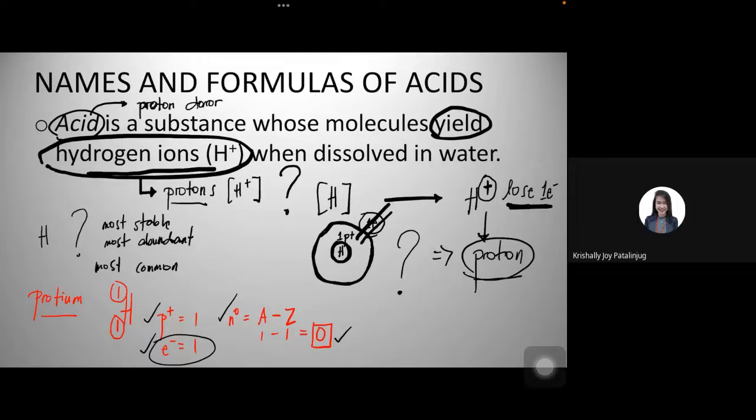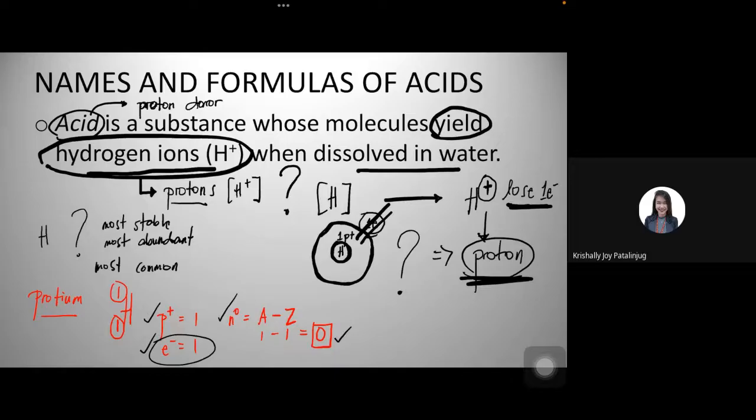Any acid contains protons and is able to donate or release protons when dissolved in water or during a chemical reaction. Acid will always donate. It will never happen that they will accept protons.